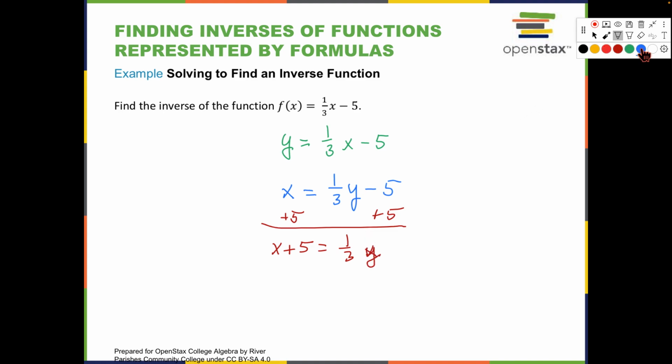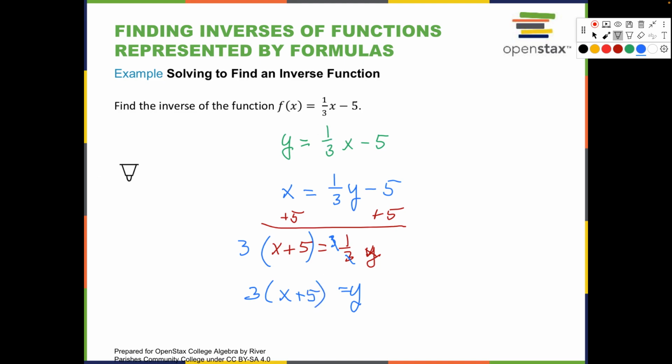And then we multiply both sides by 3. And I'm going to emphasize multiply both sides by 3. 3 divided by 3 is 1. We end up with y equals 3 times x plus 5. And we can kind of see it. So we're adding 5 first and then multiplying by 3 instead of dividing by 3. So this is its inverse.